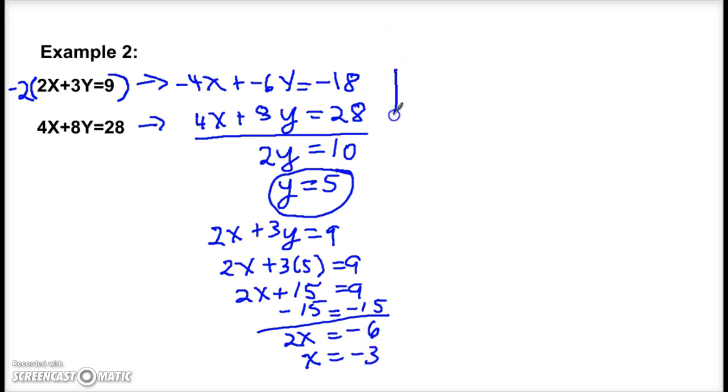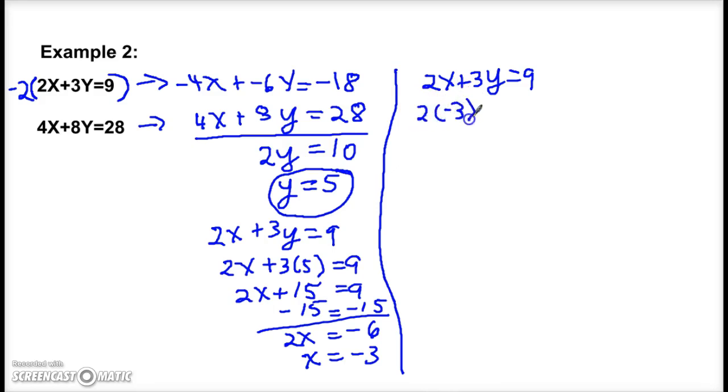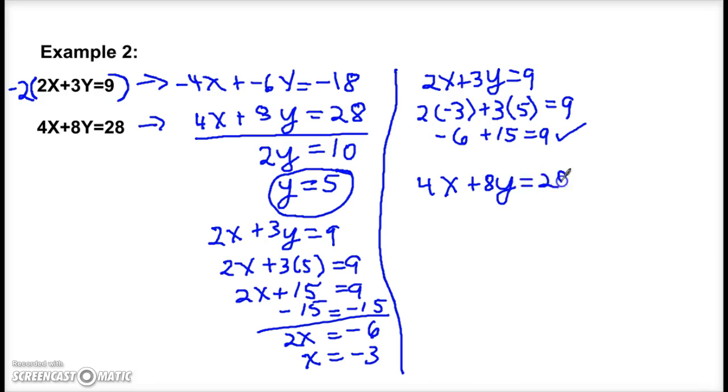Let's go ahead and check that. So the first equation was 2x plus 3y equals 9. If I plug in my values, I'd have 2 times negative 3 plus 3 times 5 equals 9. And this is negative 6 plus 15 equals 9. And that is true. My second equation was 4x plus 8y equals 28.